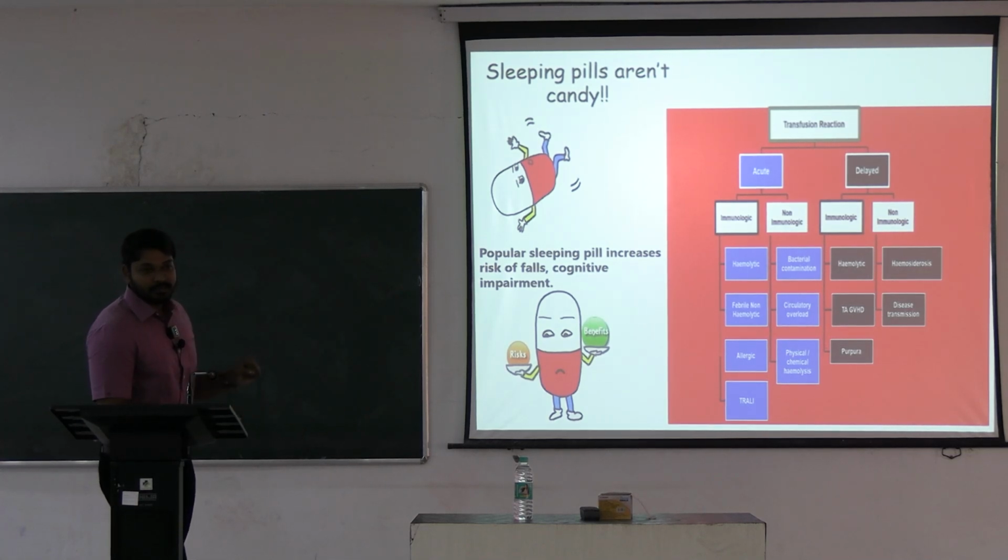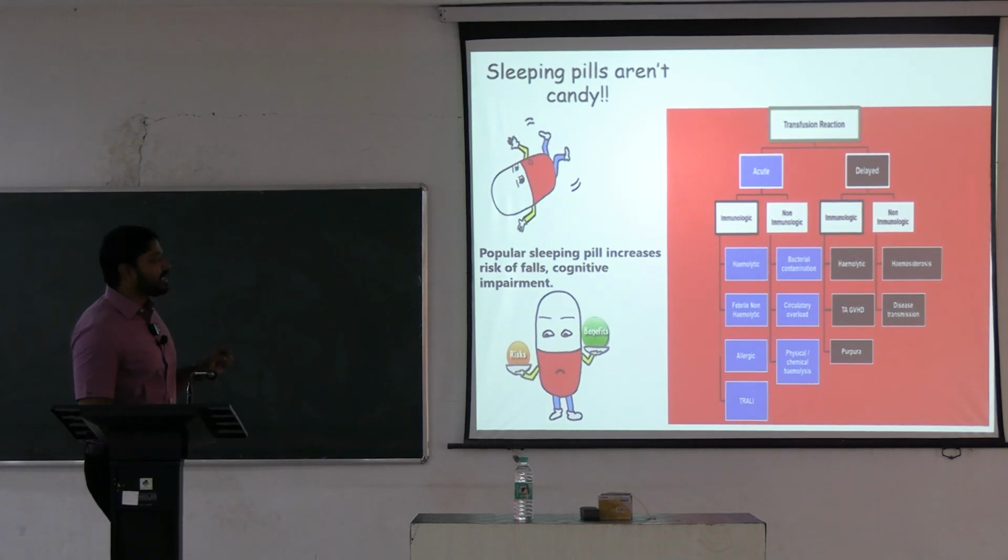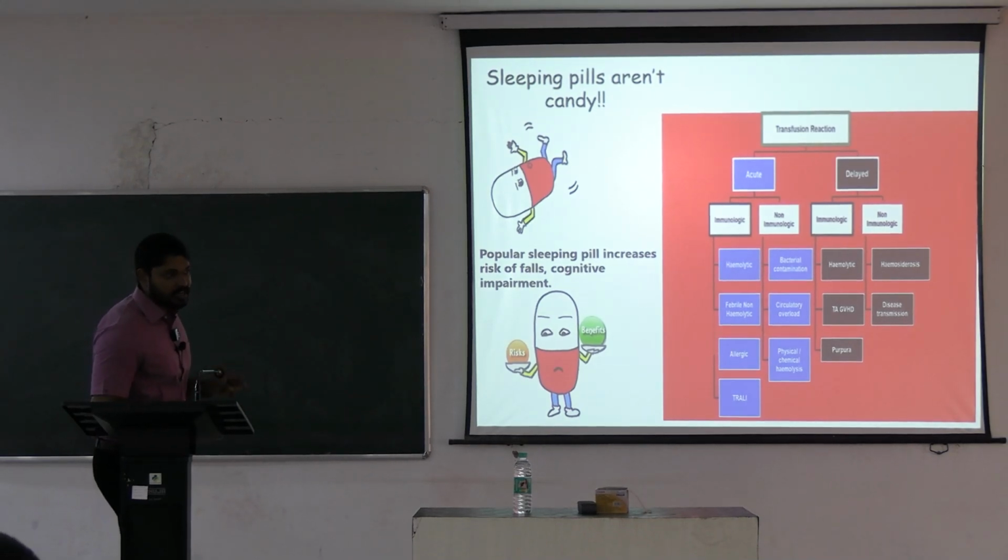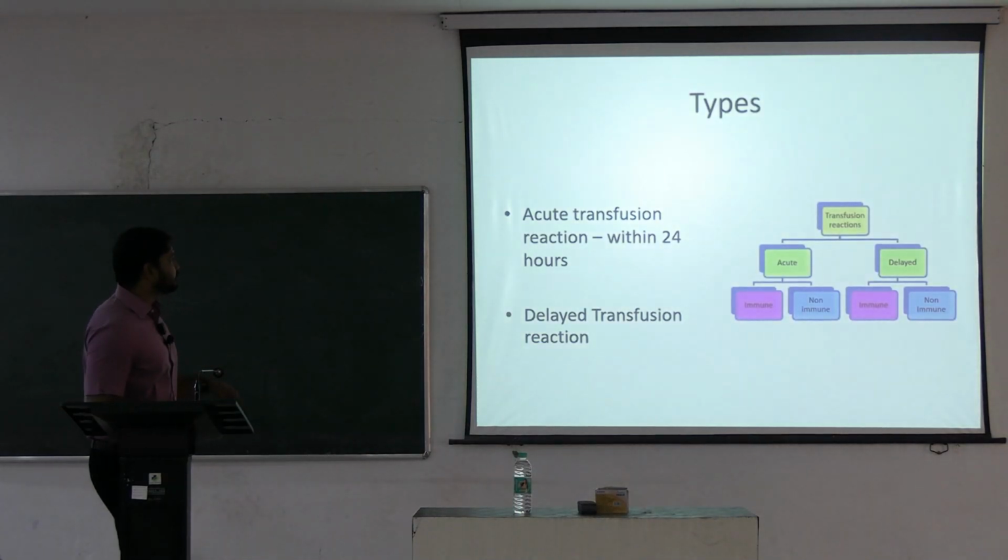Not the trolley which you push, TRALI: transfusion related acute lung injury. And TACO is transfusion associated cardiac overload. Non-immunogenic ones are bacterial contamination, TACO, and hemolysis.